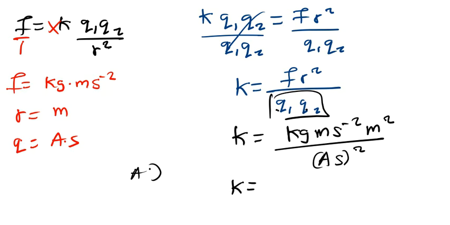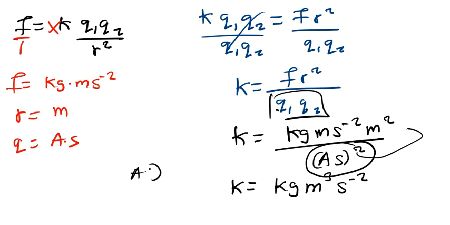Anything that is on the denominator, you can shift it to be in front there, as long as it's going to come out as a negative. So that becomes kg m s to the power negative 2. Instead of wasting time, m times m to the power 3 is m to the power 3, then s to the power 2. Now these ones are on the denominator.